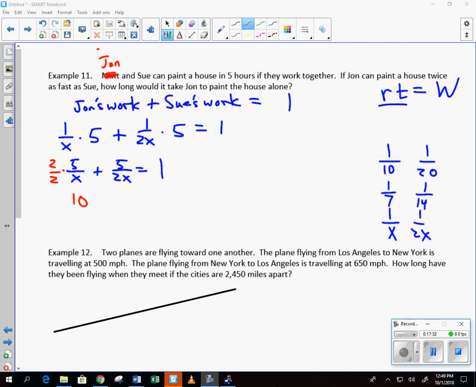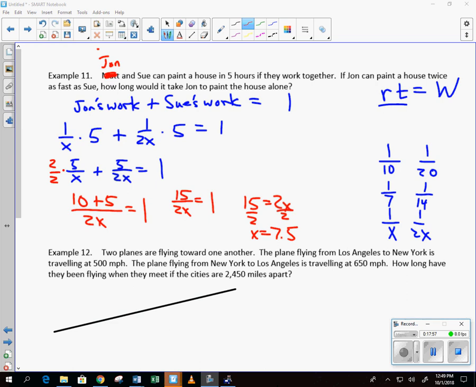So we get 10 plus 5 over 2x is equal to 1. Or 15 over 2x is equal to 1. Multiply both sides by 2x. 15 equals 2x. x is 7.5.